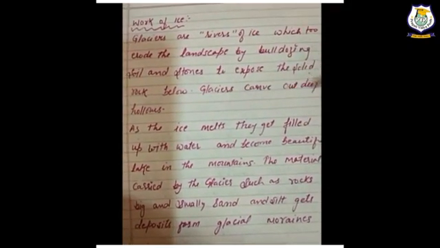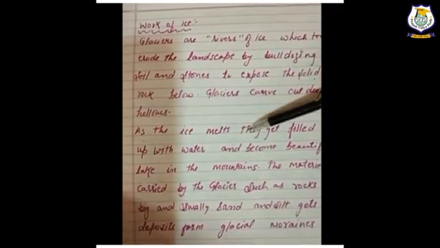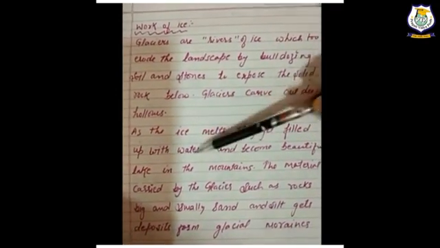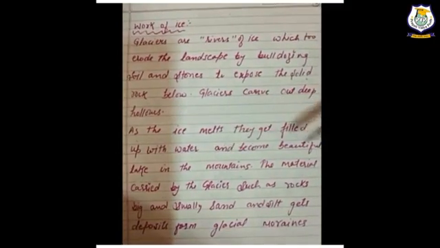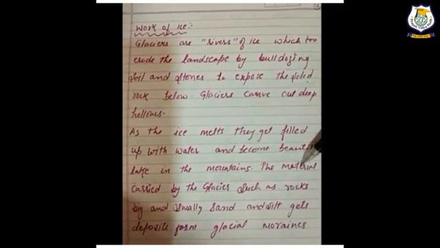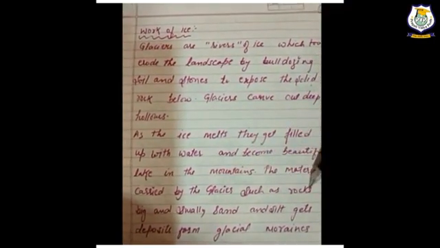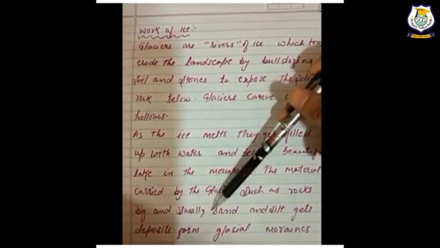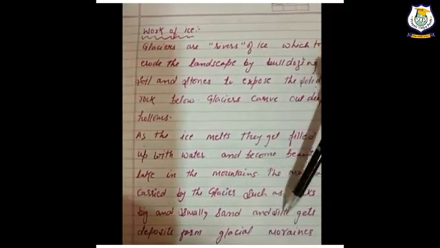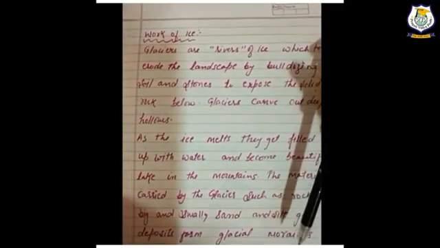Glaciers carve out deep hollows. As the ice melts, they get filled up with water and become beautiful lakes in the mountains. The material carried by the glaciers, such as rocks big and small, sand and silt, gets deposited as glacial moraines.